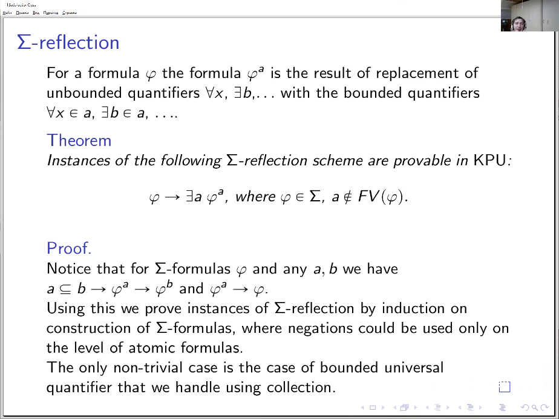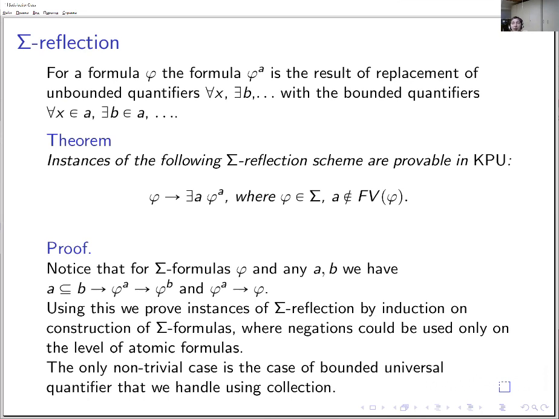So basically there is this very natural principle in Kripke-Platek theory. First, recall that relativization of a formula is a function.